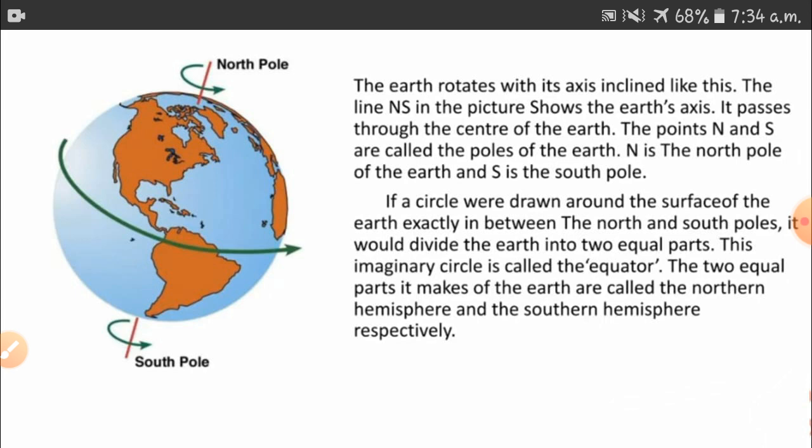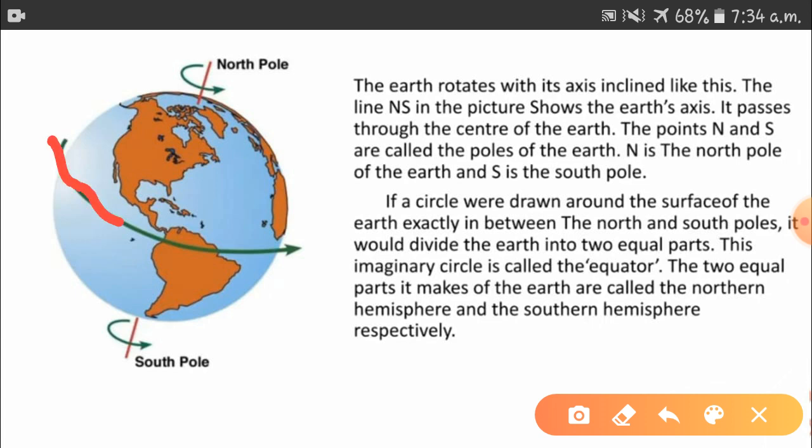If a circle were drawn around the surface of the Earth exactly in between the north and the south pole, it would divide the Earth into two equal parts. This imaginary circle is called the equator.